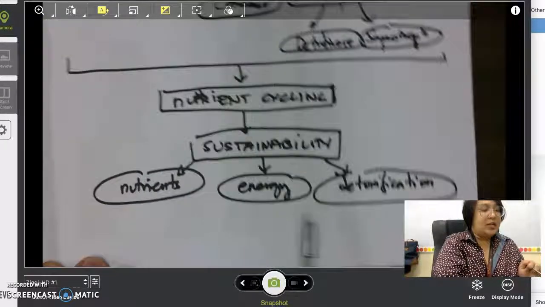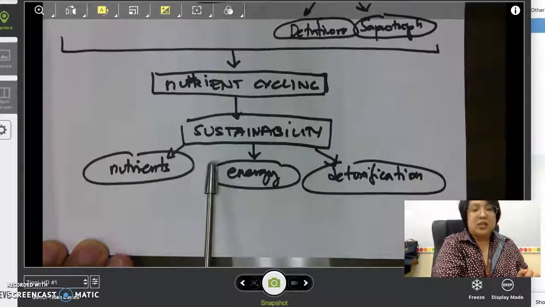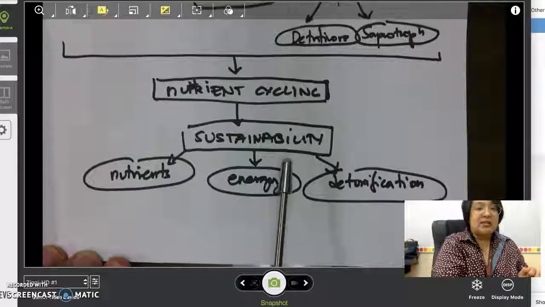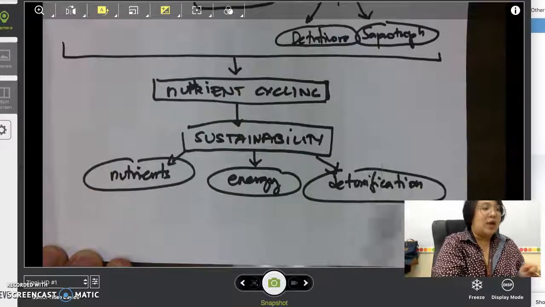Okay? And then detoxification. As I've mentioned before, you don't want your waste to accumulate in the ecosystem because it will result in an ecosystem that is not sustainable. If there's just a lot of waste, imagine different kinds of species that might be affected or killed by the waste. So there should also be detoxification.